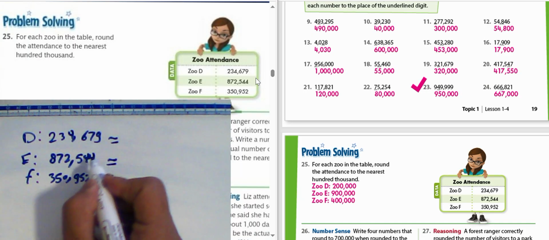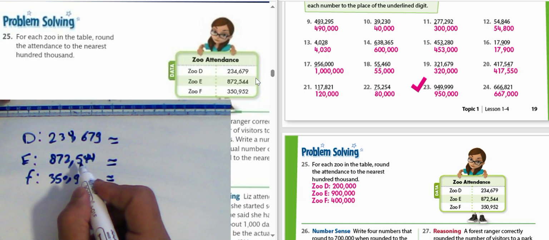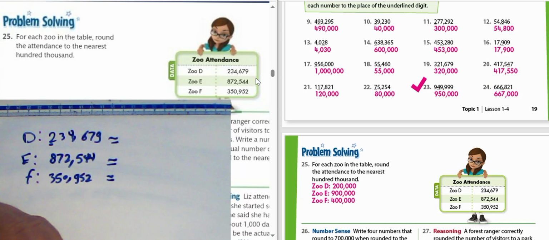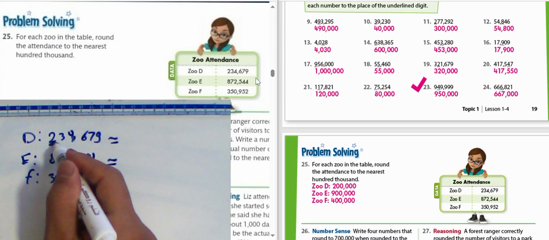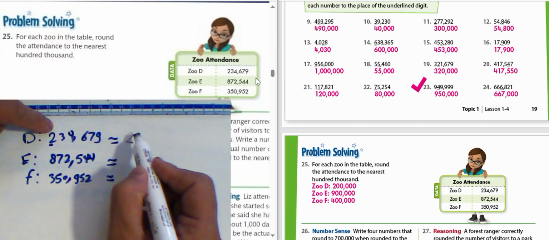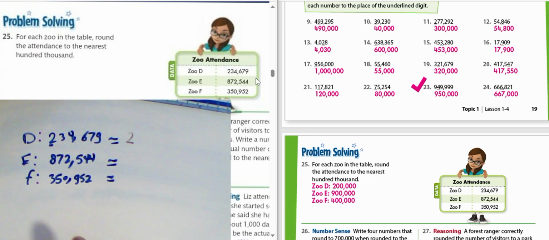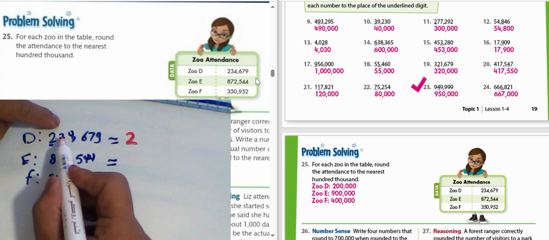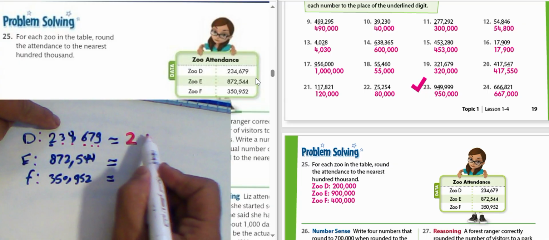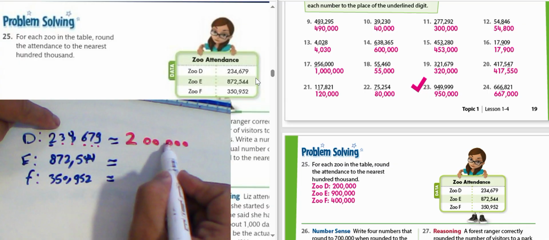We can approximate each one to the nearest 100,000. Look here, the digit 2 lies in 100,000. The 3 can't give 1. Then we can write 2, and write 5 zeros.